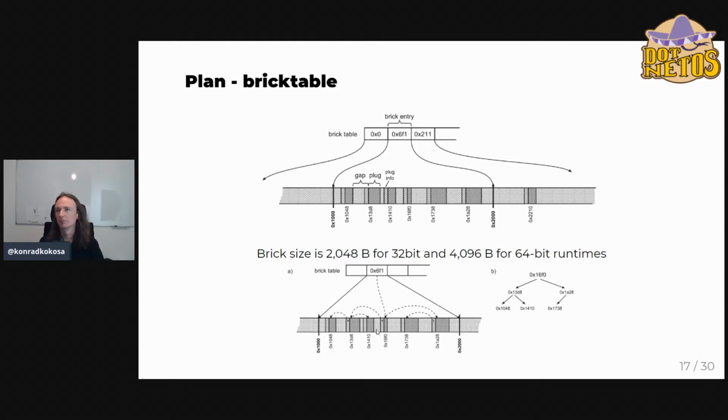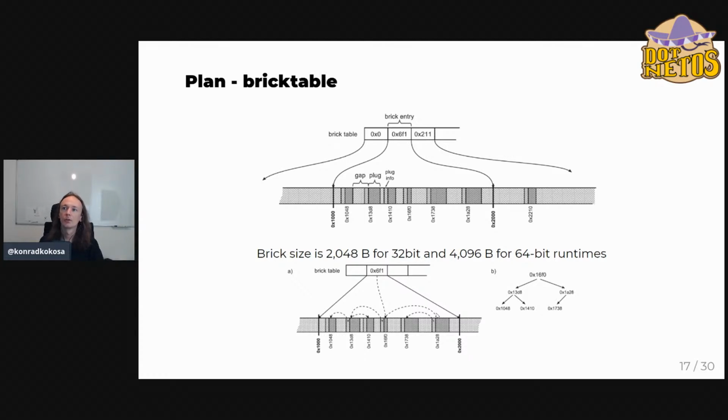Because we have here 6 plugs, and they are balanced by the GC, which is creating the plug tree that way. It is balanced, so our brick entry points to the root, and then this root has an offset to the right and to the left, and then this one is again pointing to the left, to the right.